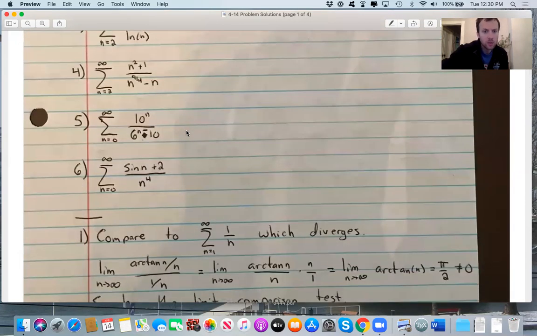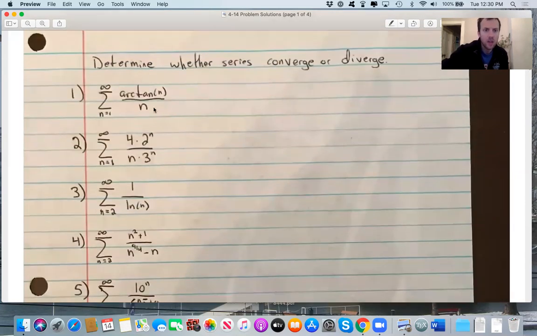And so going through these, arctangent of n over n, there are a couple choices that you can try to compare it to. One is this arctangent, and the other is this n in the denominator.